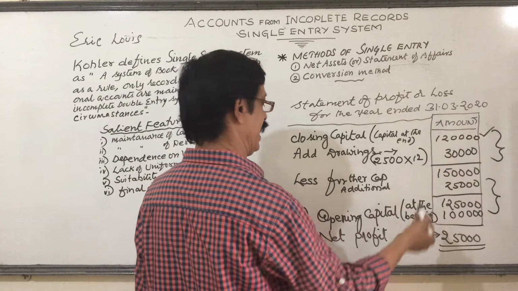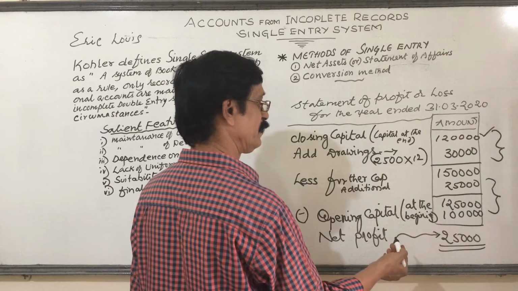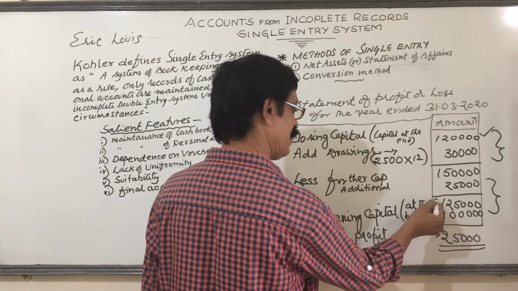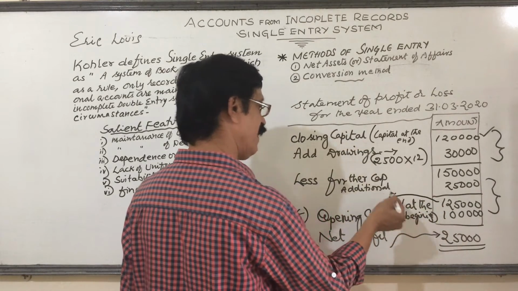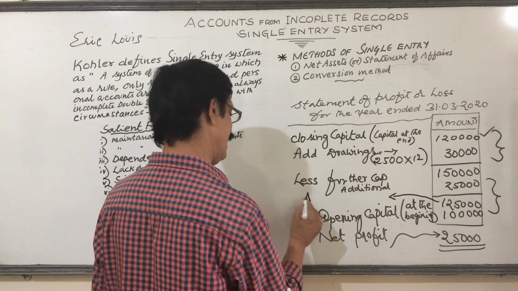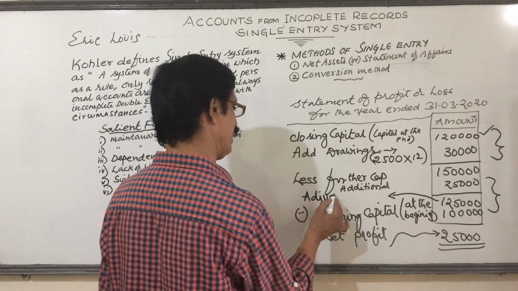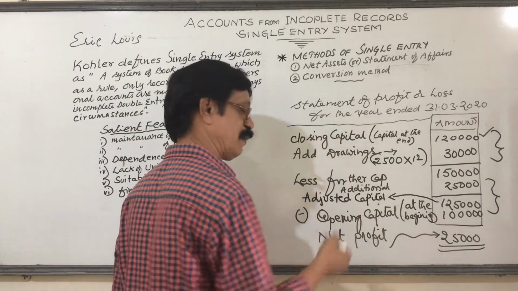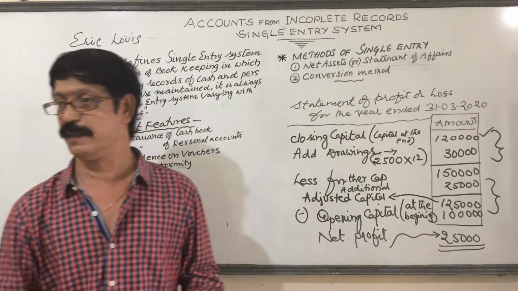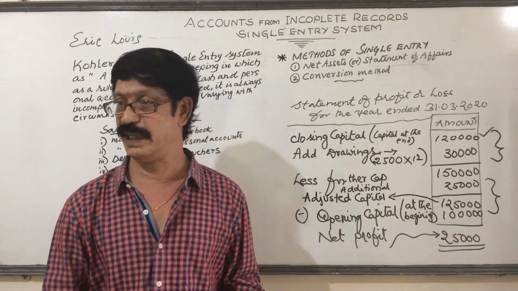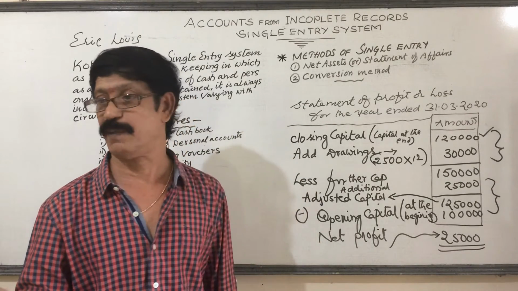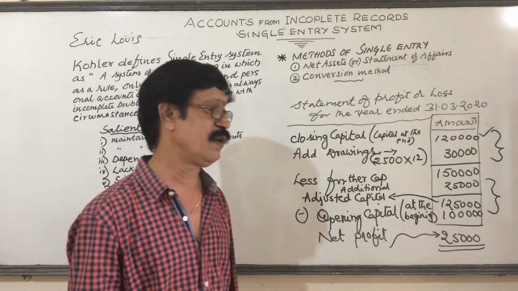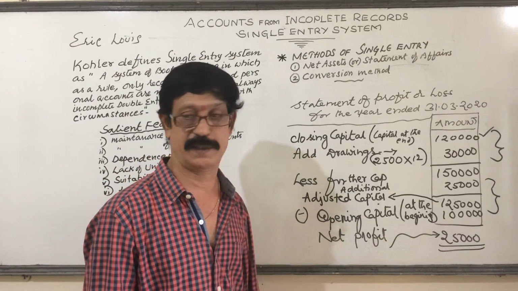Closing capital add drawings, minus further or additional capital, you get 1,25,000. For this sum we use the word adjusted capital. Minus opening capital, that is the final net profit for the year. Once again, closing capital plus drawings minus additional capital minus opening capital equals net profit.